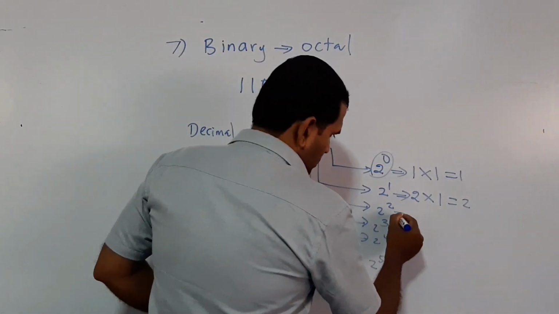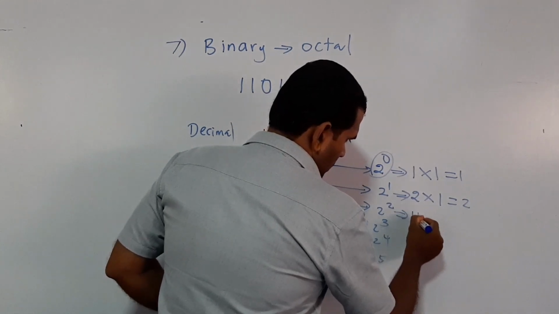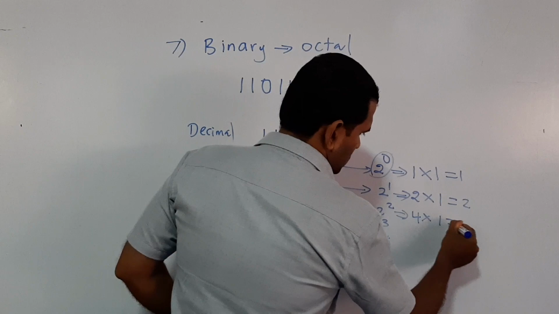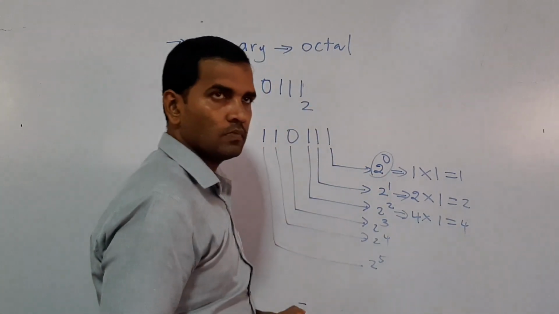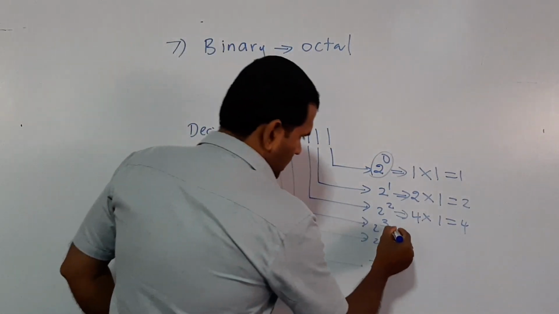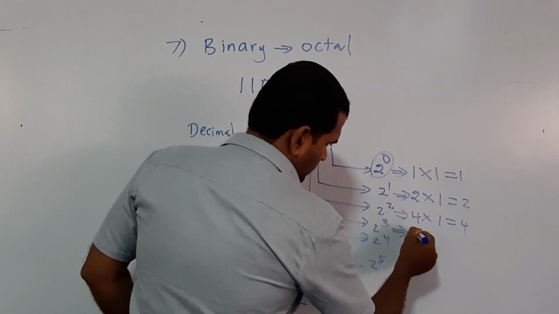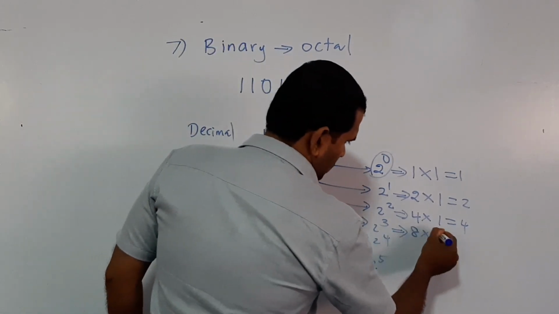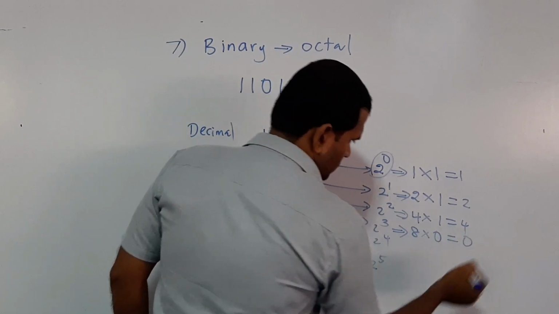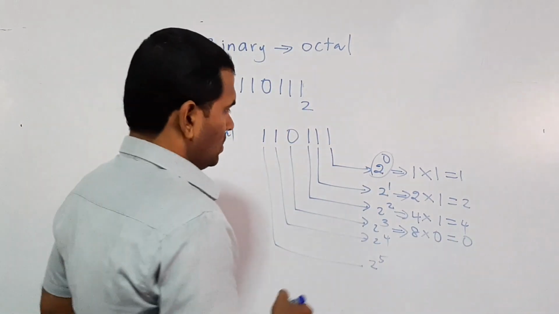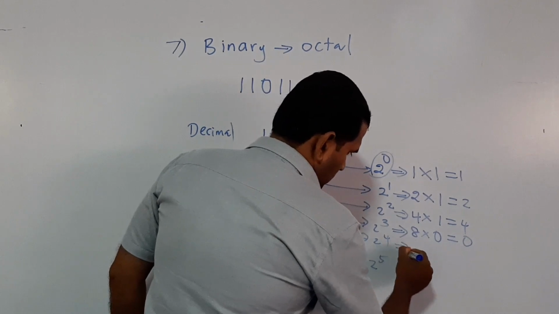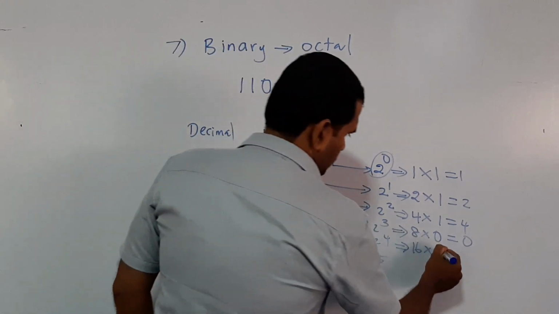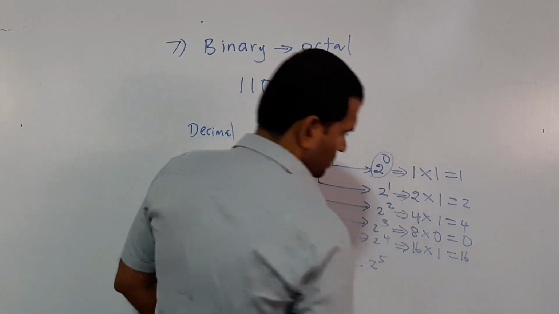Then the third one, 2 to the power 2 is 4, 4 into 1, it's 4. The next one is 2 to the power 3, which means 8, into the digit 0. So 8 times 0 is 0. The next one, 2 to the power 4, is 16. So 16 into 1, it's 16.